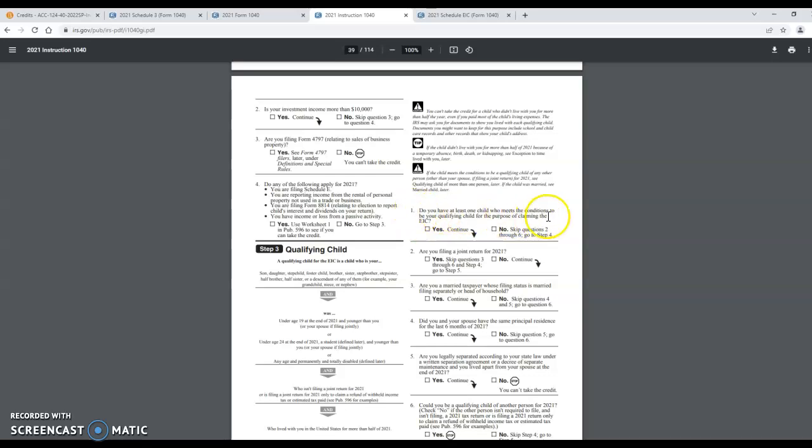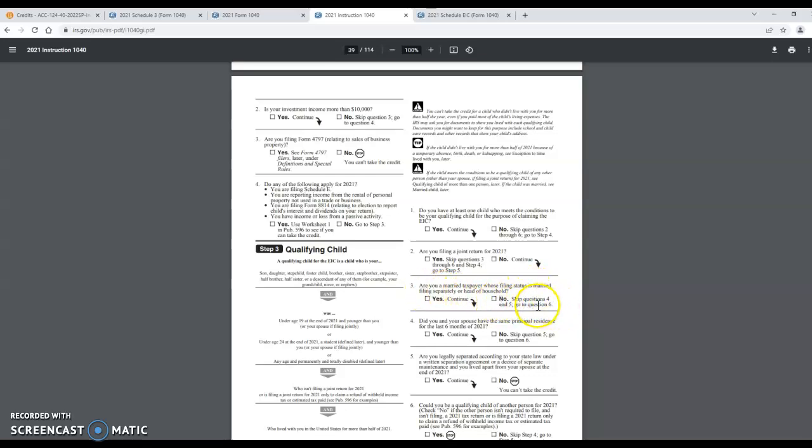Line 1, do you have at least one child who meets all those tests? Yes, he has one child, Johnny. Now, his father, JJ, does not meet the qualifying child test, but Johnny, his son, does. So we say yes, continue. Are you filing a joint return? No, continue. Are you a married taxpayer whose filing status is married filing separate?